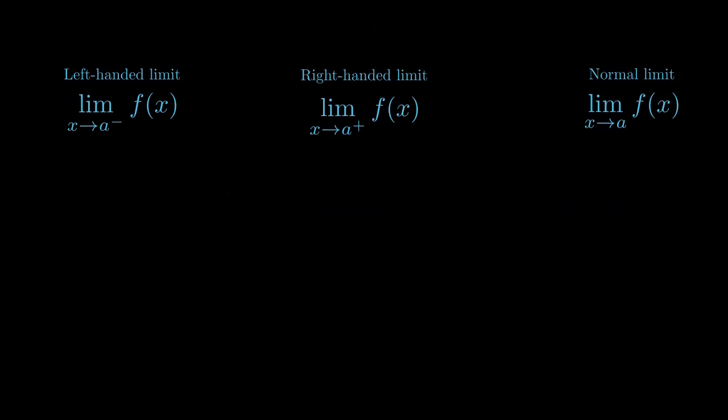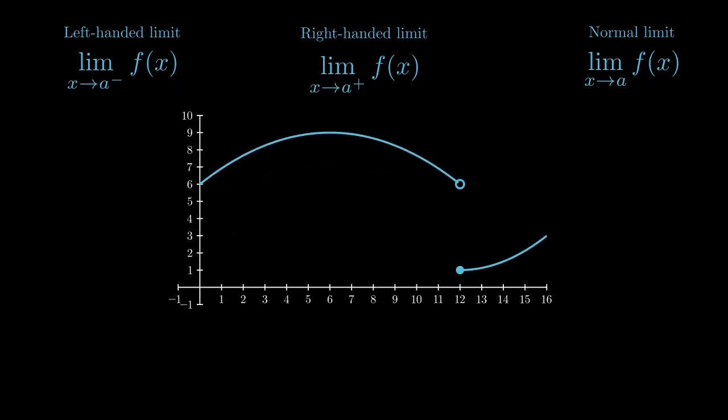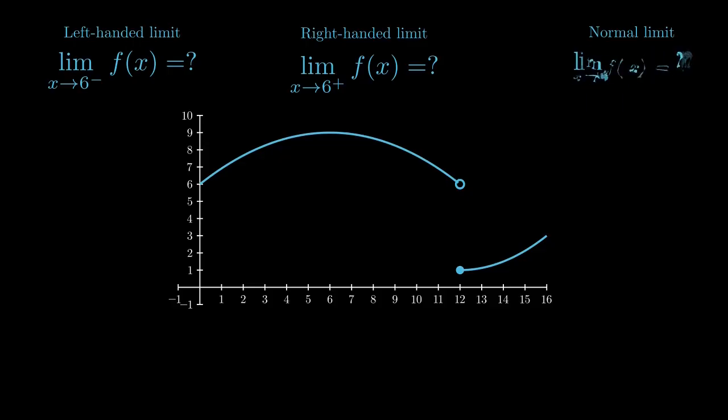Now, let's take an example to understand these limits. Consider the following graph of a function. Let's check what will be the values of these limits as x gets closer to 6. Let's check what happens as we move towards x equals 6 from the left side. Since y gets closer to 9 as we move from the left side of 6 along the x-axis, the left-hand limit of the function as x gets closer to 6 is 9.